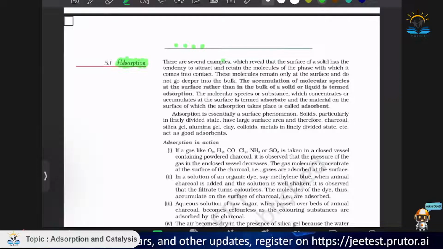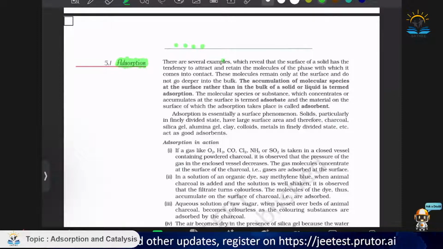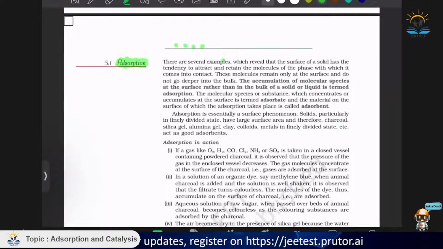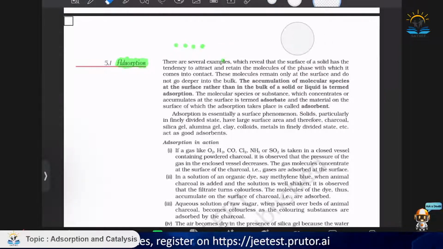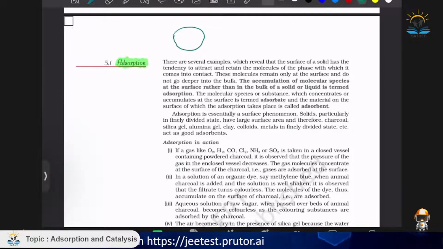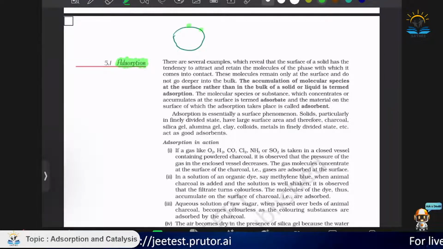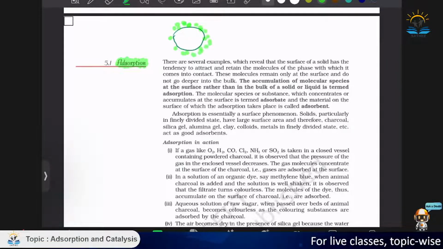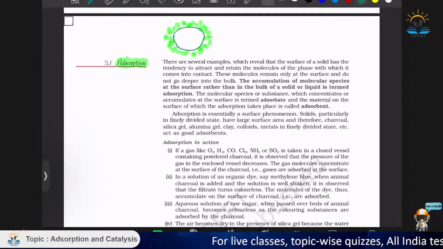You get what I'm saying? They penetrate the matter completely in absorption. In adsorption, they are present at the surface; they do not go inside. This is how it looks if you just look at a gross picture.